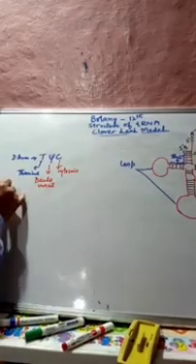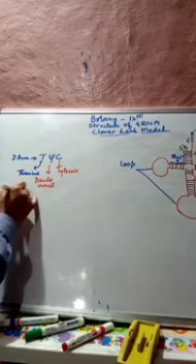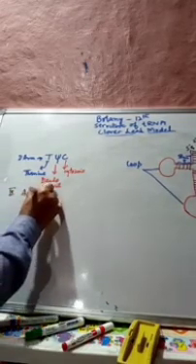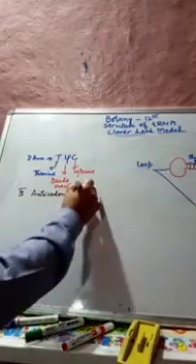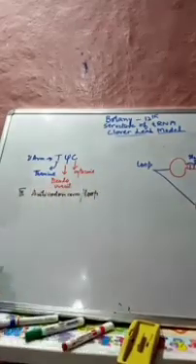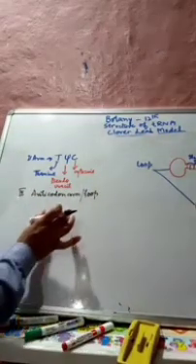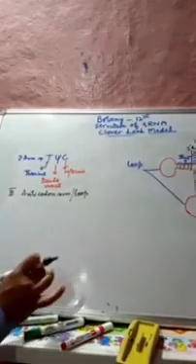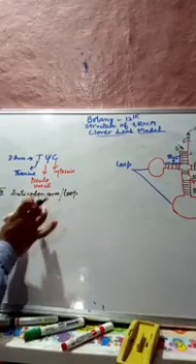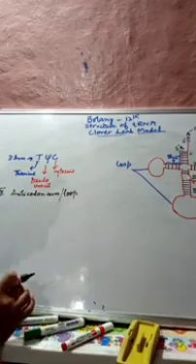Now we have the fourth arm. The fourth arm is called the anticodon arm, or the anticodon loop, because this arm consists of the anticodon, and this anticodon recognizes the codon on mRNA.